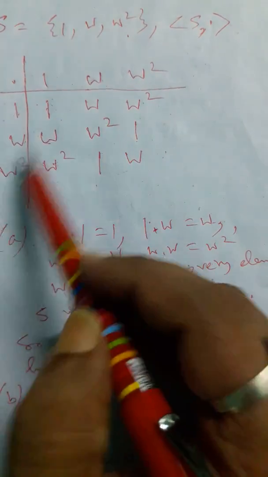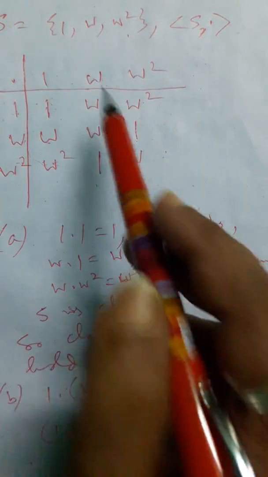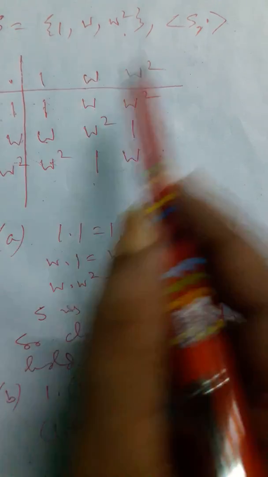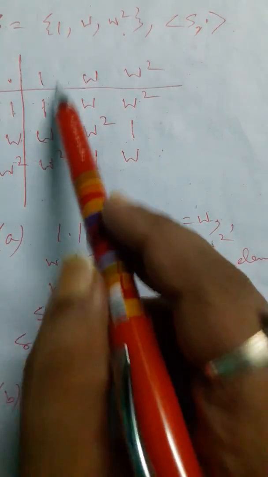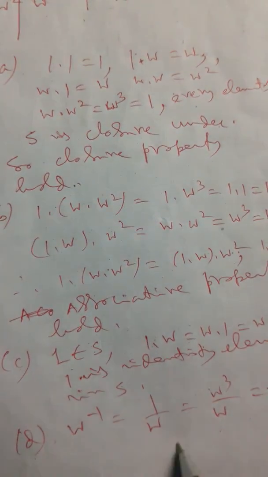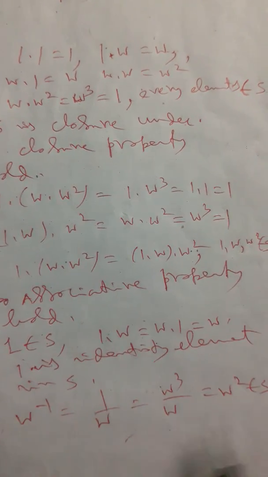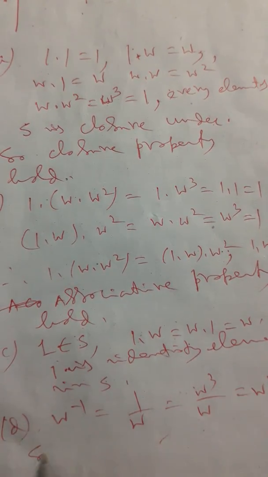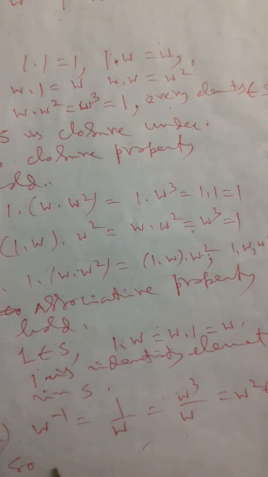Since omega square into omega equals 1, omega and omega square are inverses of each other, and omega cube equals 1. So every element has its own inverse.